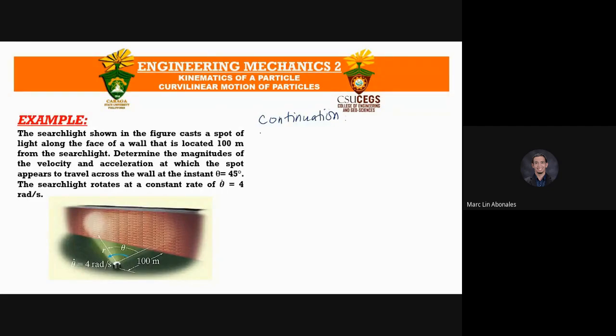So for the magnitude of acceleration, its component form or vector form sa acceleration, which has both radial and transverse components, the same with the velocity.